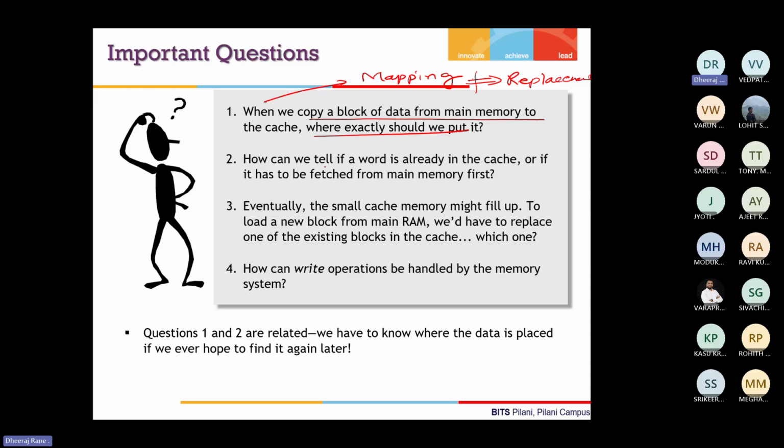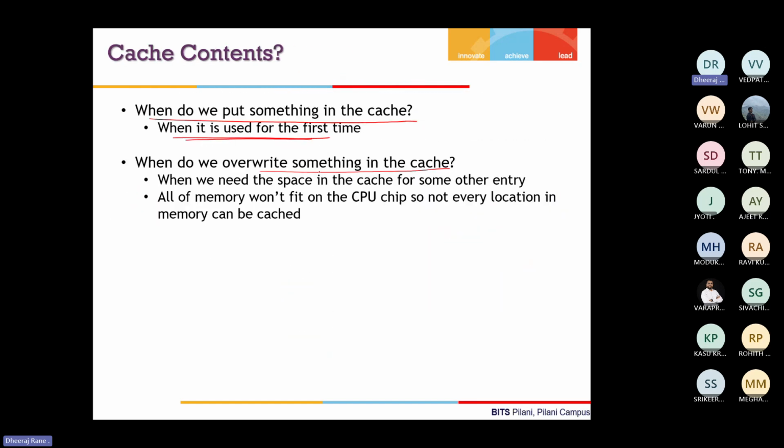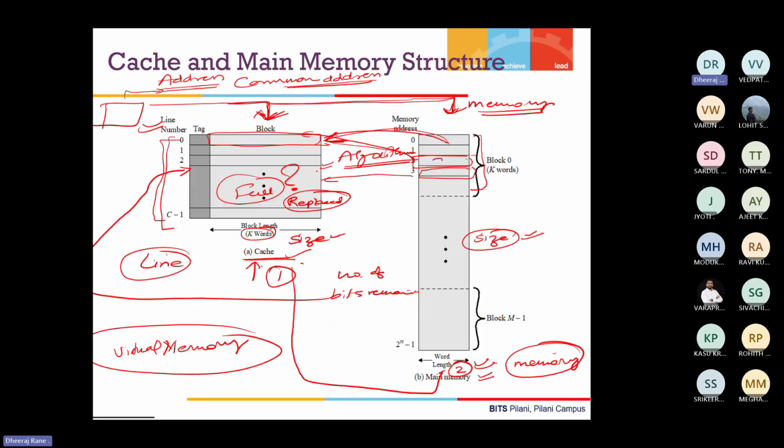What exactly is the methodology we will be using to declare whether the data is in cache or not? Okay, we have seen this diagram, and I told you it's been very hodgepodge, but if you have been connected right from the beginning, I think you will be able to get it.